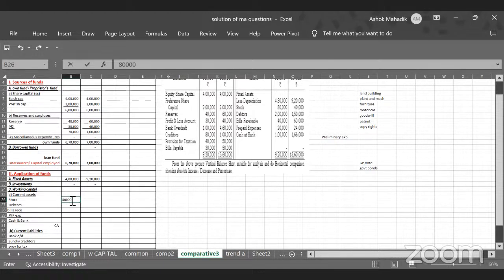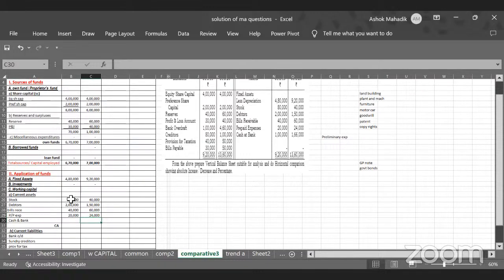Then 2 lakhs and 1,50,000. 40,000 and 60,000. Prepaid expenses to current asset, 20,000 and 24,000.